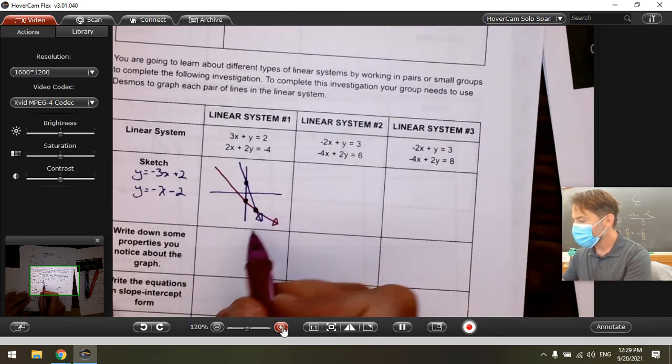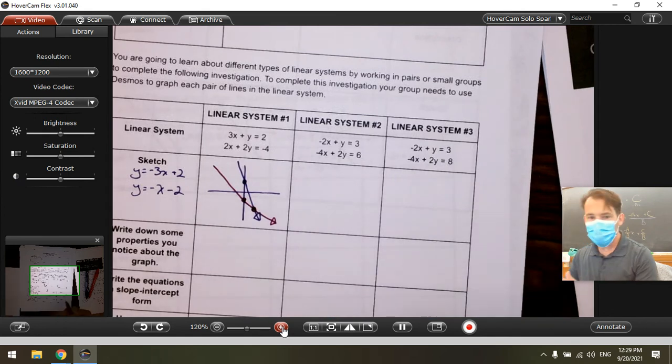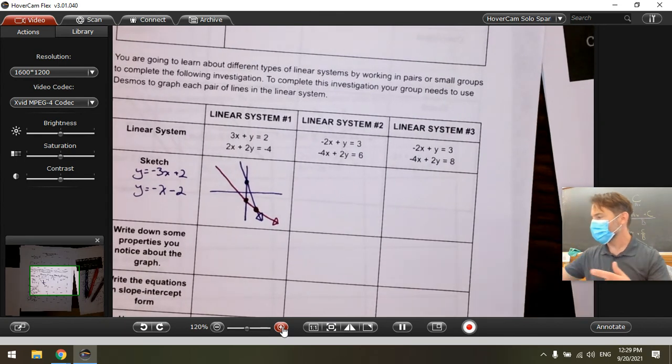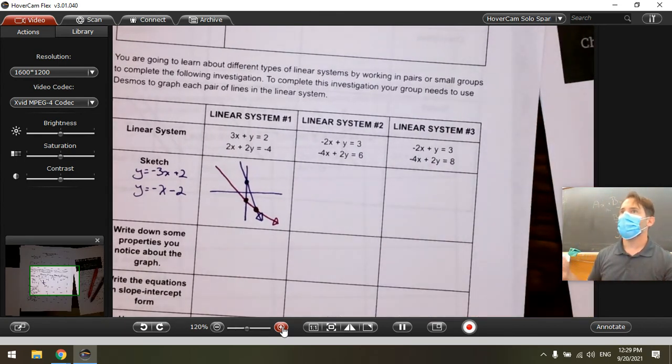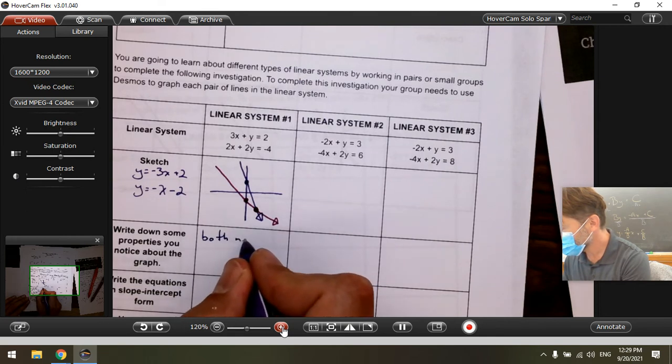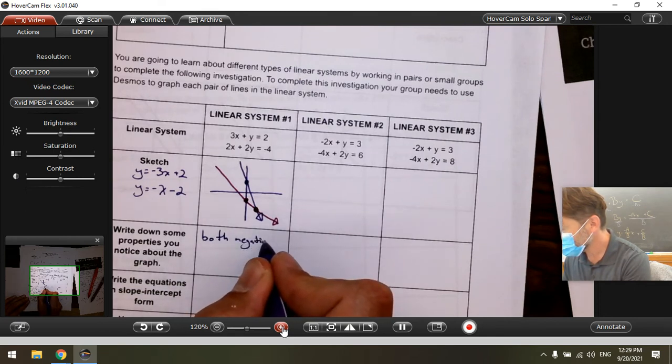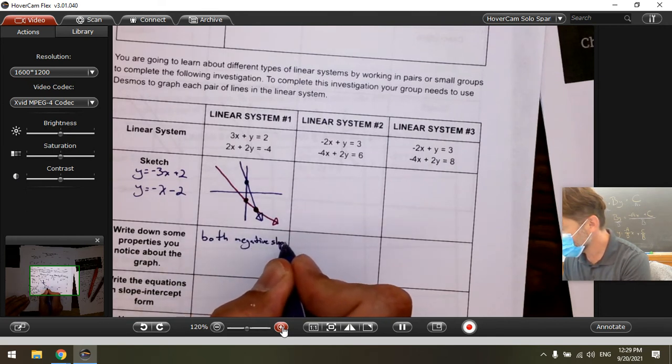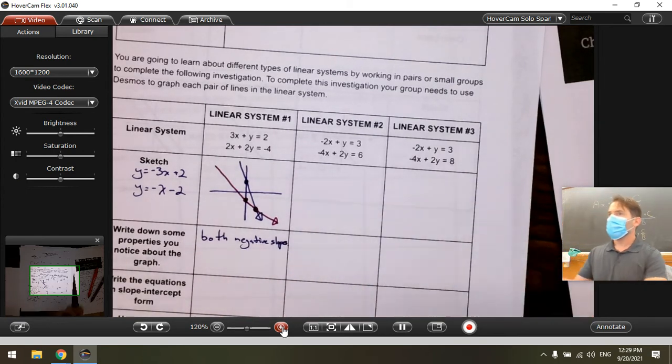So from that, what do I notice about these two lines when I do this? So write down some properties that you notice about the graph. I noticed that they're both negative slopes. What else do you notice? Are the slopes the same or different?